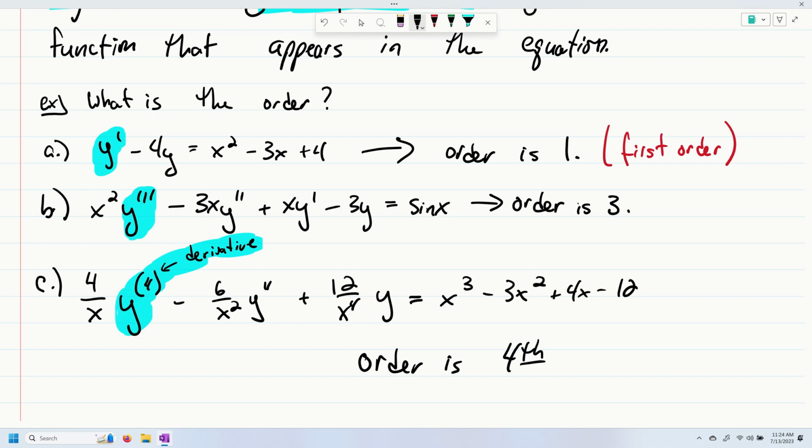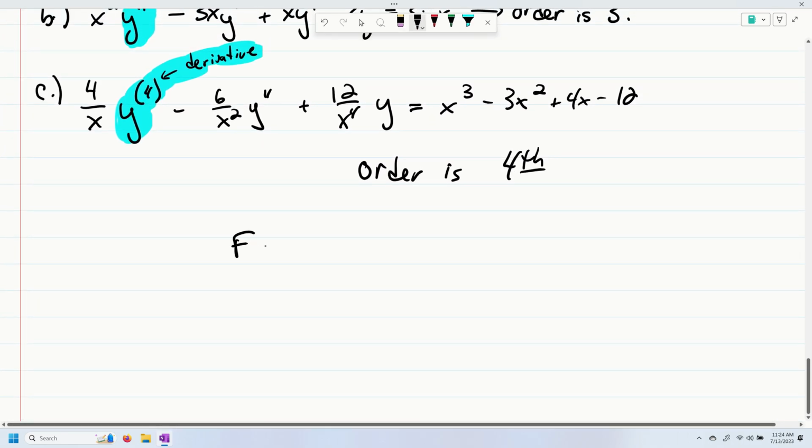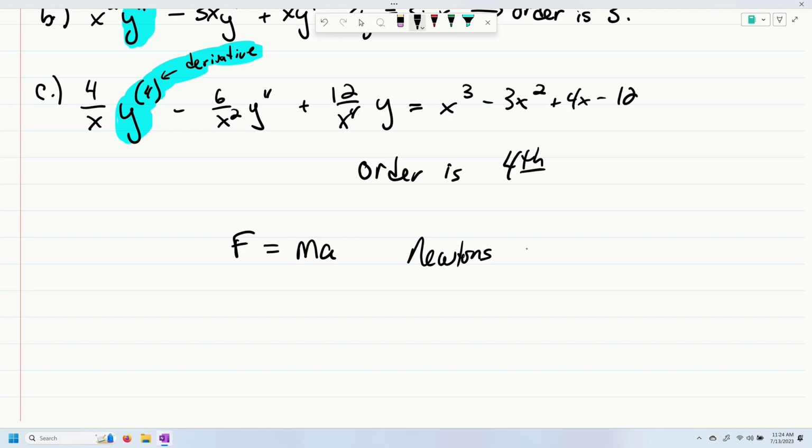Now, earlier I mentioned one of the most famous second order differential equations. Well, you know it as F equals ma, which is Newton's second law of motion, right?